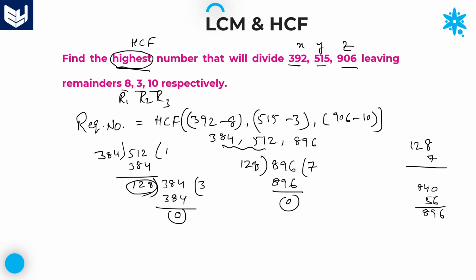We got the same result as the previous one, because 896 is exactly divisible by 128. Therefore, the answer for this question is 128. The meaning of this question is that 128 is the highest or largest number that will divide 392, 515, 906 so as to leave remainders 8, 3 and 10 respectively.